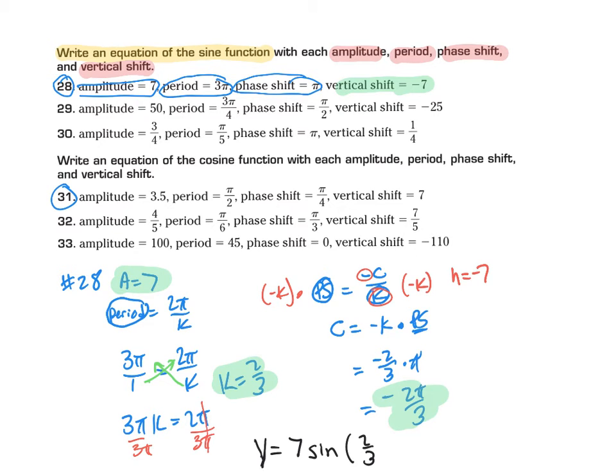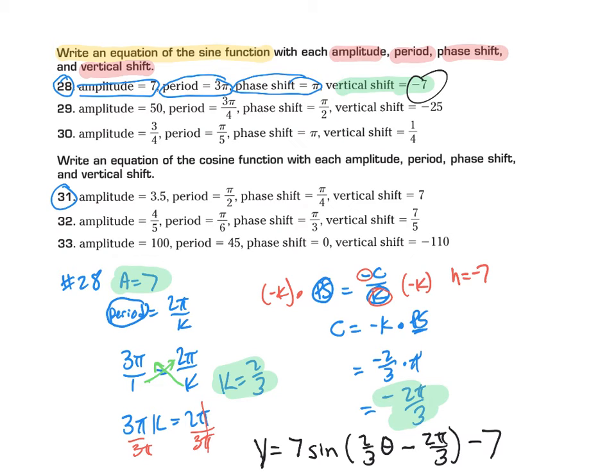Sometimes we use theta, sometimes we use x. Because our textbook uses theta, I'm going to put a theta right here. Then it's going to be plus c, which is negative 2 pi over 3, so I'm going to put minus 2 pi over 3. Close my parentheses. And then on the end, I'm going to put minus 7, because that's my vertical shift here.